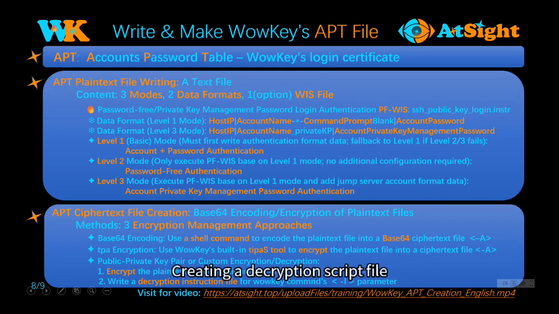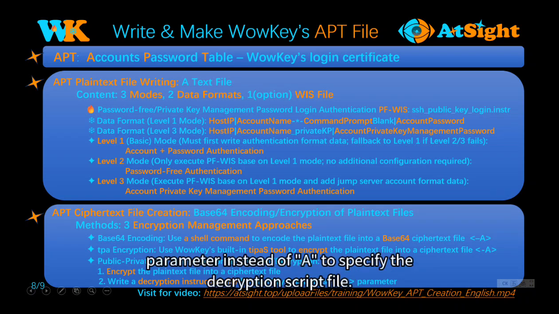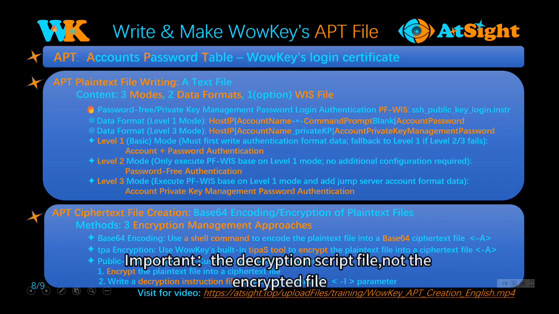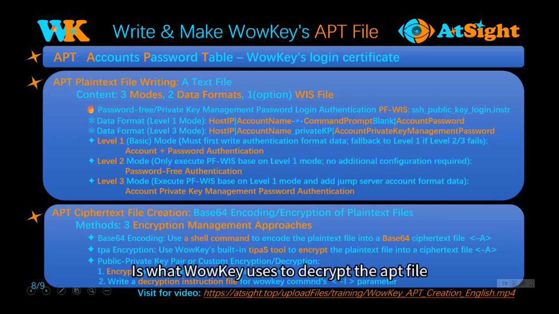Creating a decryption script file, which contains a decryption command. In this case, WowKey uses the uppercase I parameter instead of A to specify the decryption script file. Important, the decryption script file, not the encrypted file, is what WowKey uses to decrypt the APT file.